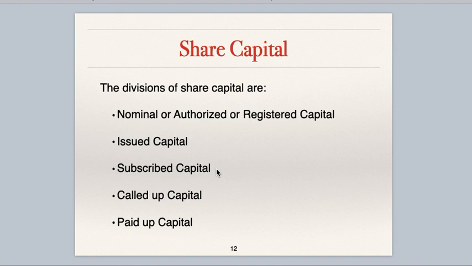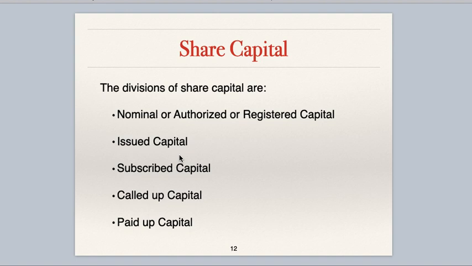If the company receives more applications, that is the case of oversubscription. If the company receives fewer applications, that is the case of undersubscription. Subscribed capital is that part of issued capital for which applications are received from the public.